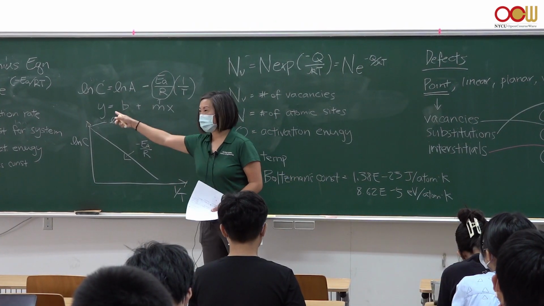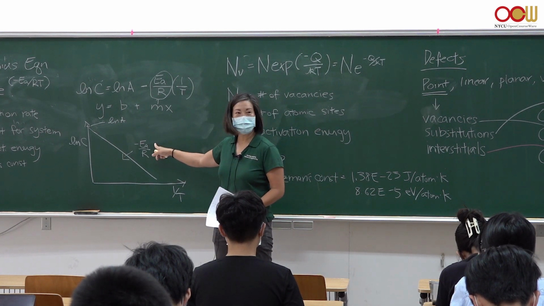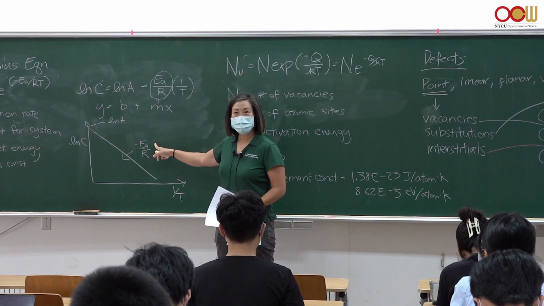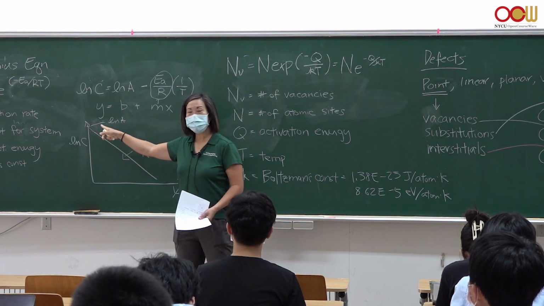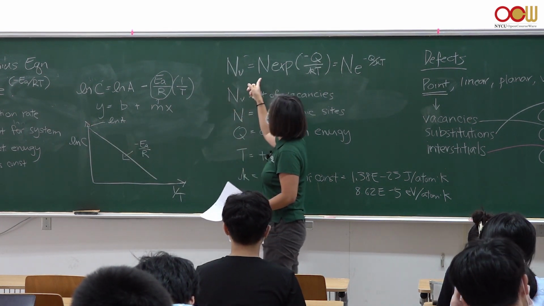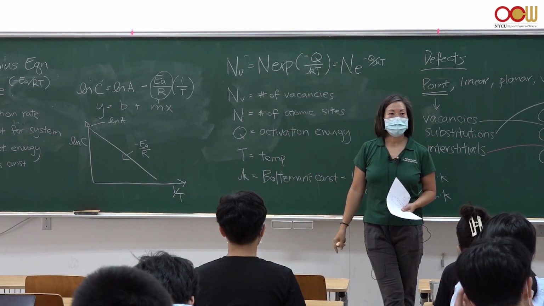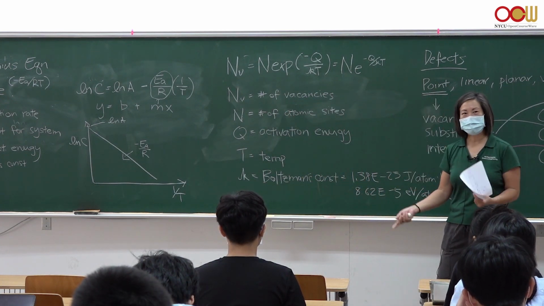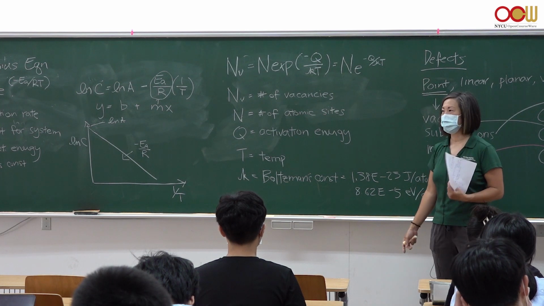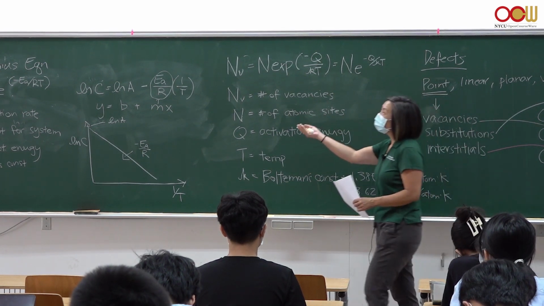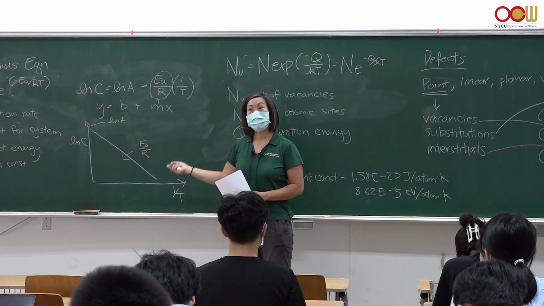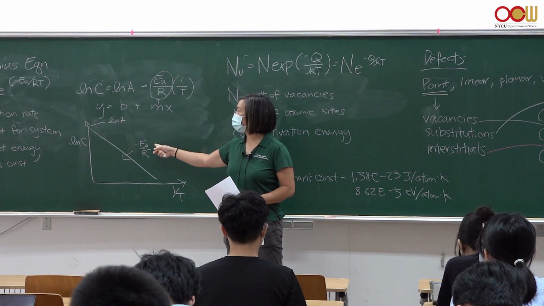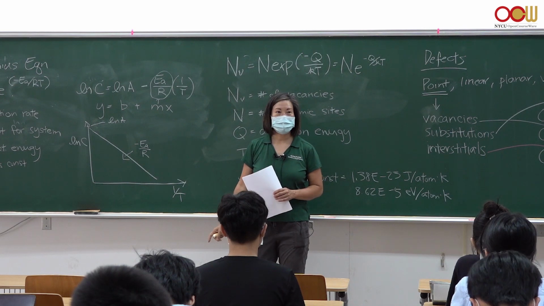And if you have a line like this, then you get the activation energy for creating a vacancy. Where that line crosses the y-axis would give you the number of atomic sites that your material had. Then you could double check and see if that makes sense with the volume of material you have. So this equation is really useful because it gives you a very simple experimental way to determine many different kinds of activation energies and system constants.